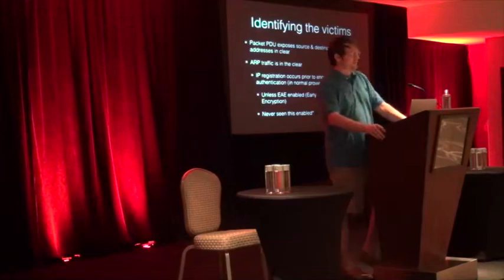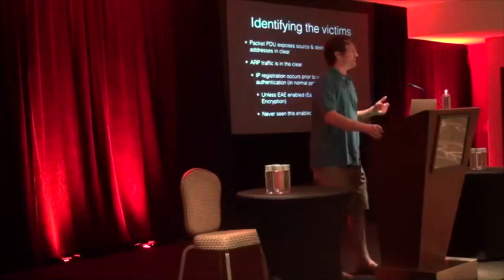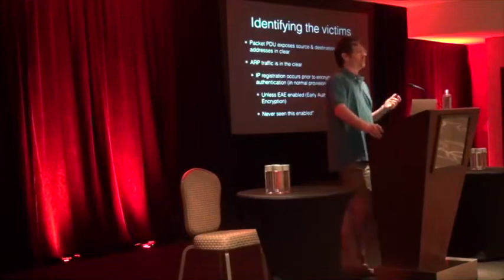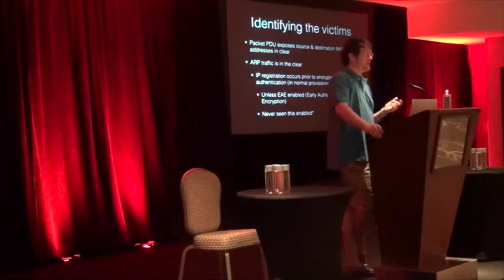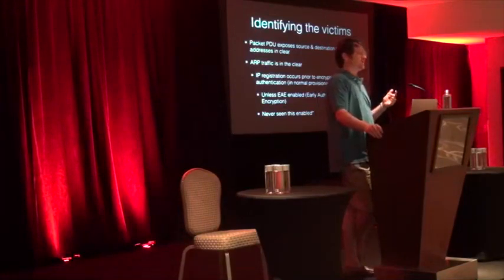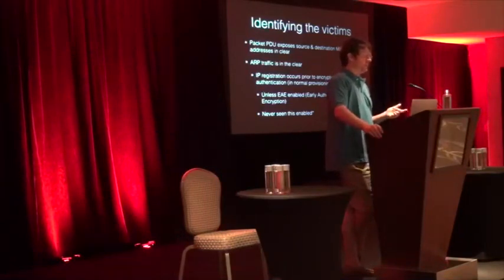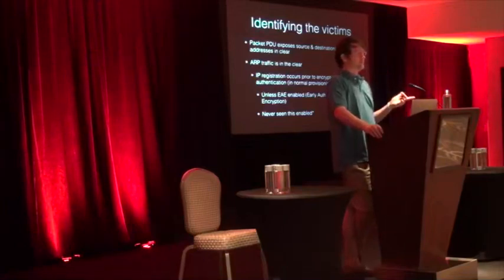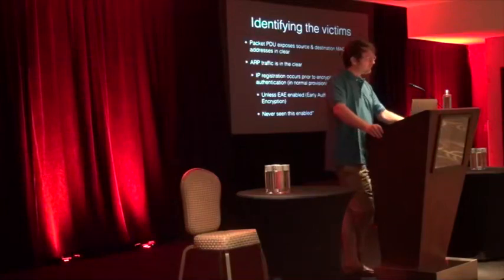The first is identifying the victims. I mentioned that the packet PDU exposes the source and destination MAC addresses in the clear. But if you want to actually route traffic to one of these victims, you need to know its IP address, because all communication goes to the CMTS, which routes it. However, I mentioned not all packet PDUs are encrypted.